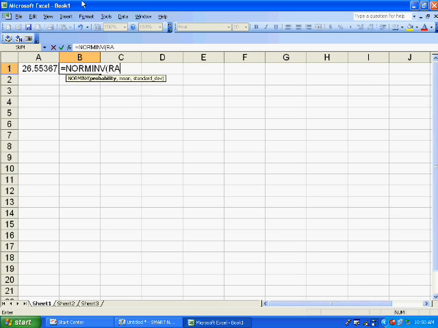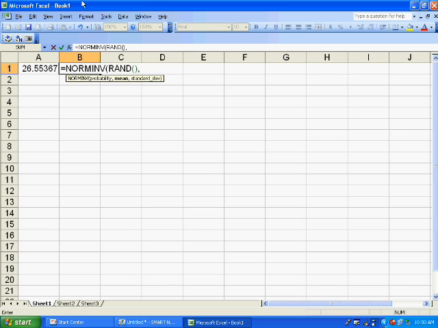So again I have RAND. The mean, now we have to use the formula because the mean of this is correlated. So the mean depends on the previous random variate. So the mean of the random variate generated in the B1 depends on the value of A1.